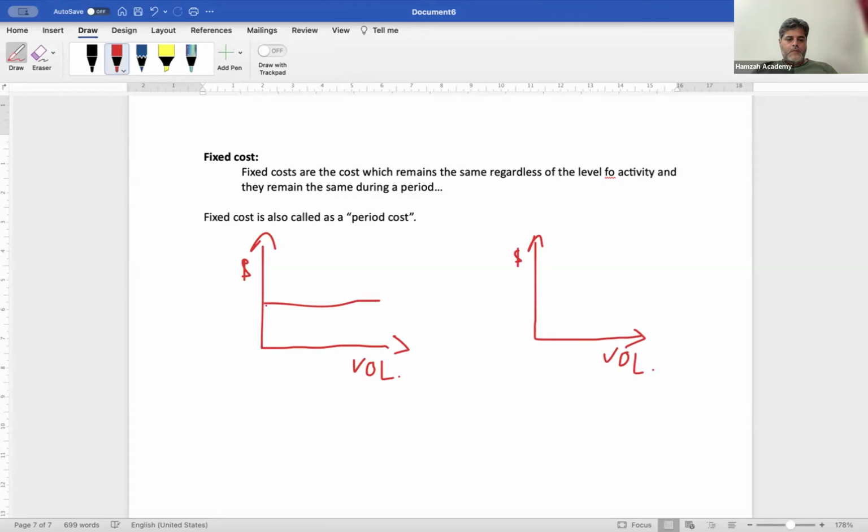So we'll have this straight line over here. This is called fixed cost in total. It remains the same, right? And if I try to go into the per unit now, this will go like this, right?